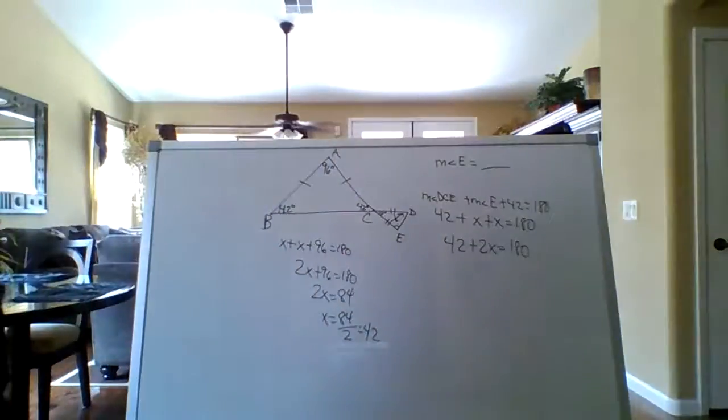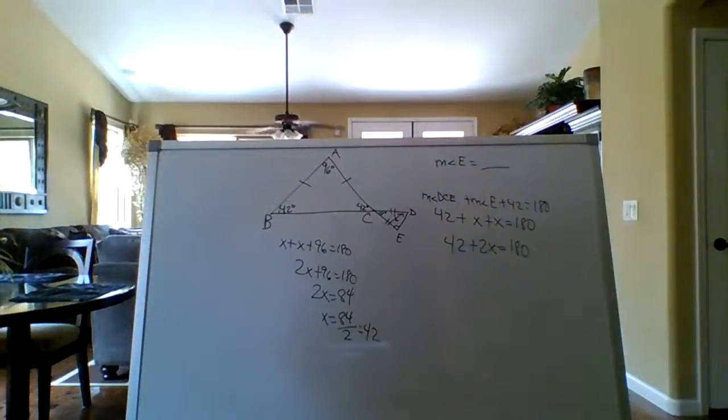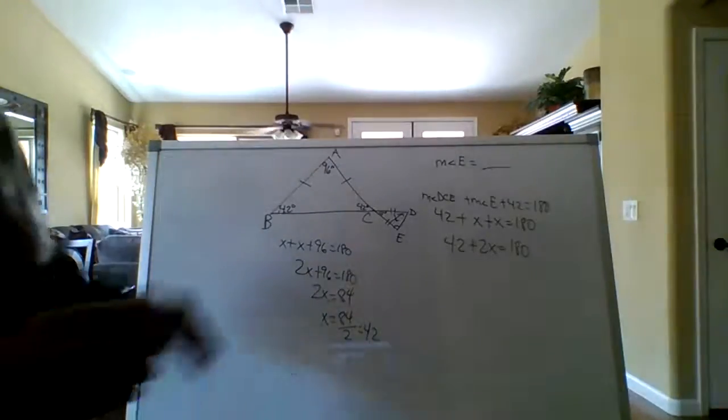So now we have 42 plus X plus X equals 180. So 42 plus 2X equals 180. And we subtract 42 from 180. We have 138. So 2X equals 138.